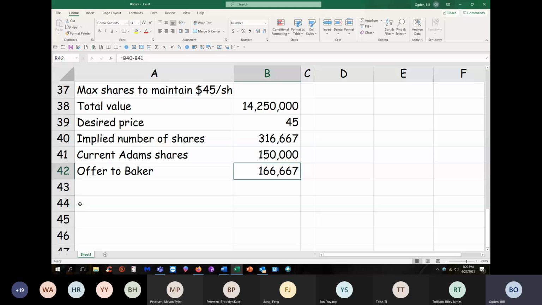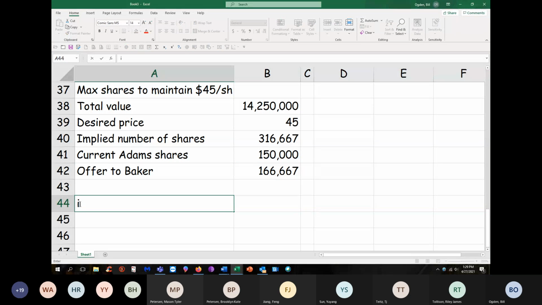So let's say Baker accepts 166,667 shares of Adams.